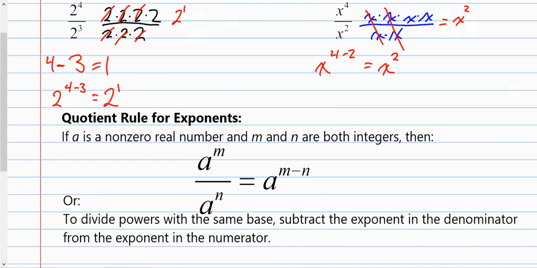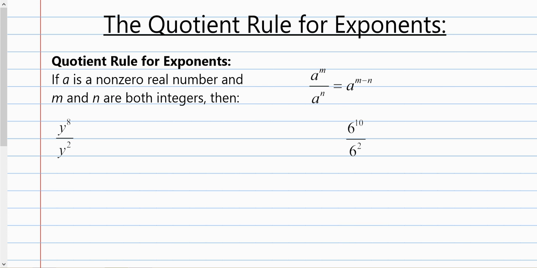Let's practice that a little bit. Again, the work that I would like to see would be y to the 8 minus 2 equals y to the 6th. It doesn't take you very long to do that middle step, and it assures your instructor that you know exactly what's going on with those operators.